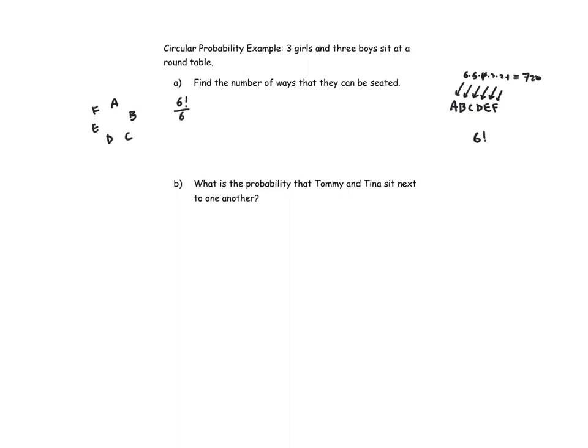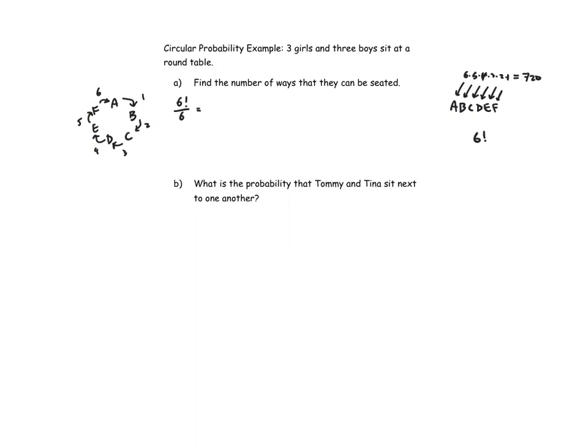And the reason why is because if everyone moved 1 seat to their left, they would still be oriented in exactly the same way. And you could do that 1, 2, 3, 4, 5, 6 different ways. So regardless of how many rotations have been done, the seating arrangement would still be exactly the same.